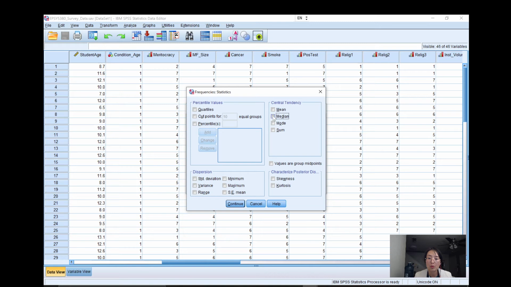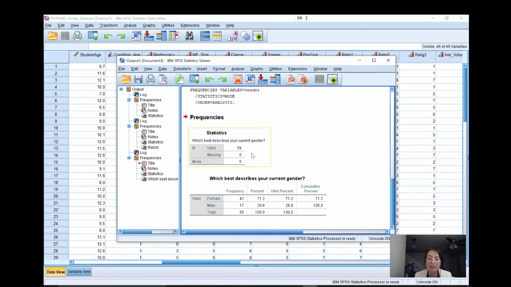So we will go mode, and if you want to select a range, you can, but the rest of these, like minimum, maximum, since it has so few values, you don't really need them. Okay, I'll just click go.